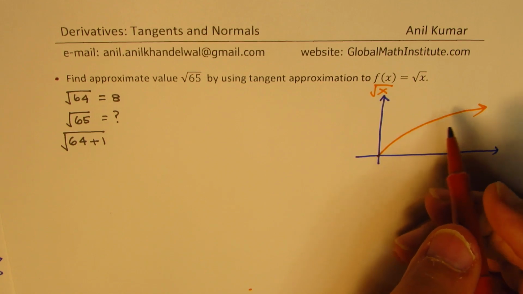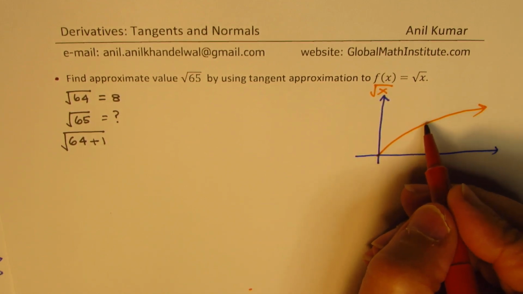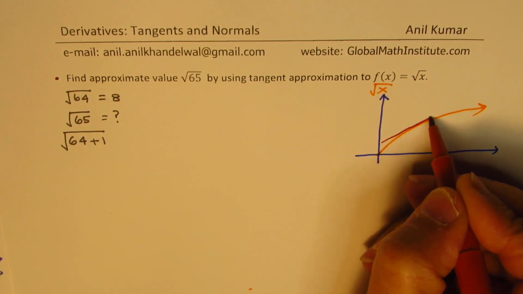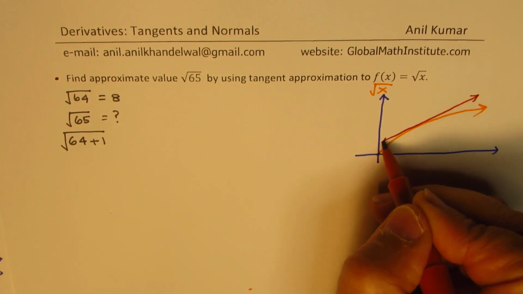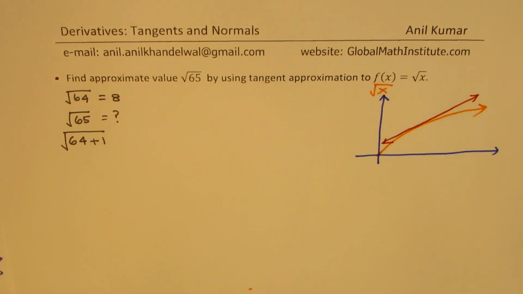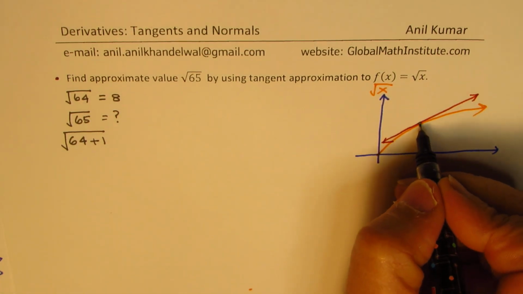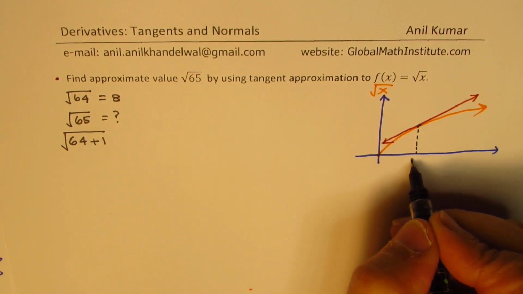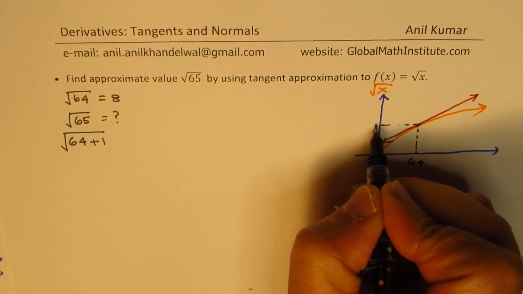If I draw a tangent line at x equals 64, the tangent line could be something like this. Correct? Let us say this is our tangent line, and the point of interest is this particular point where, for x value 64, we have a y value of 8.